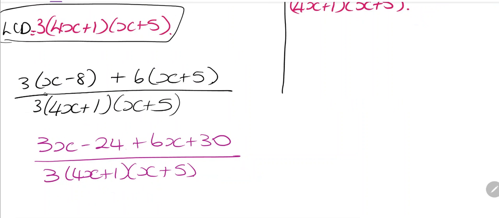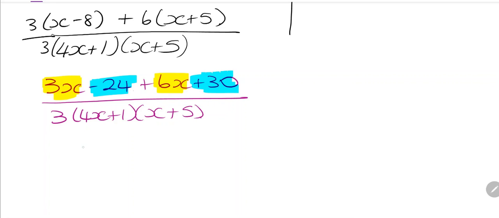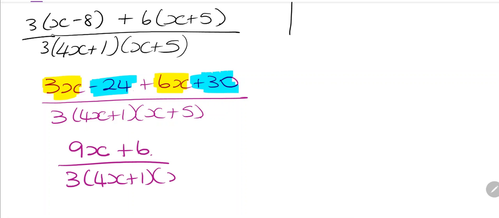So we can simplify: we've got the 3x and 6x, so these will combine. So we've got 9x plus 6 divided by 3, 4x plus 1, x plus 5. Now we can factor further.